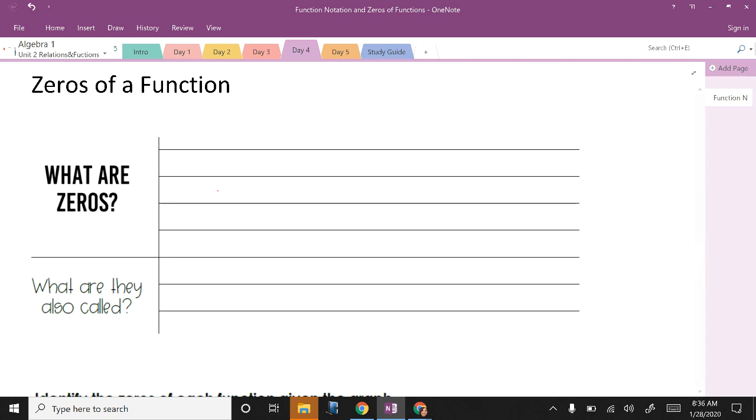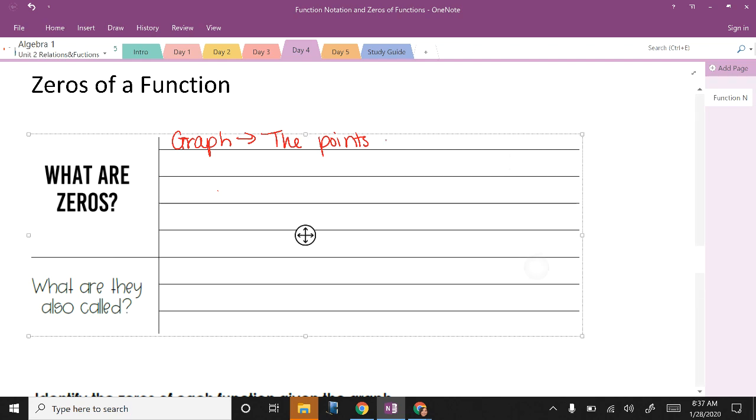You can find zeros two ways. You can find a zero by looking at a graph, or you can find a zero algebraically. Okay? So, if you're looking at a graph, you're looking for the points where the graph crossed the x-axis.